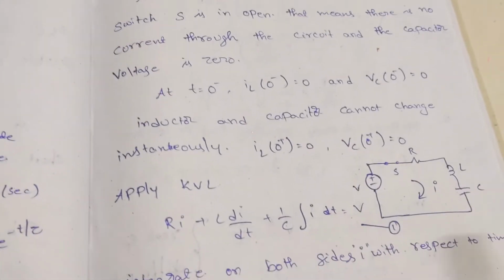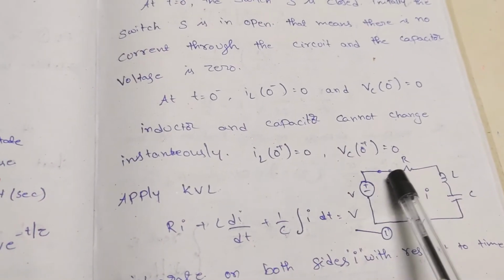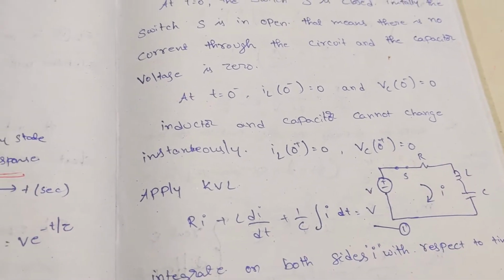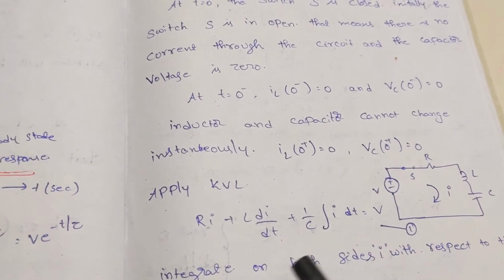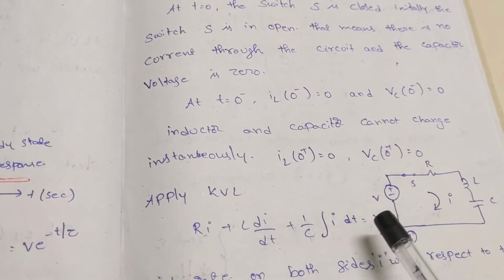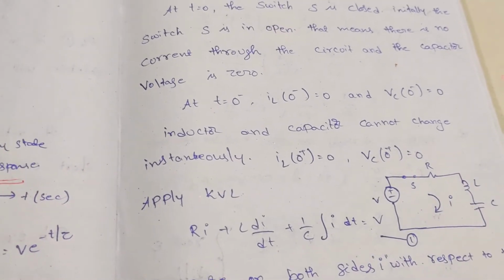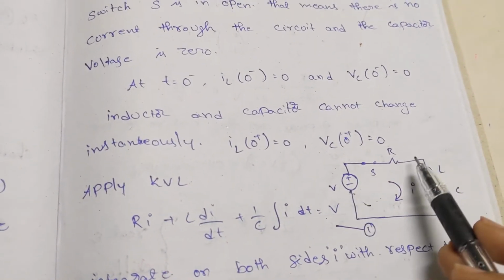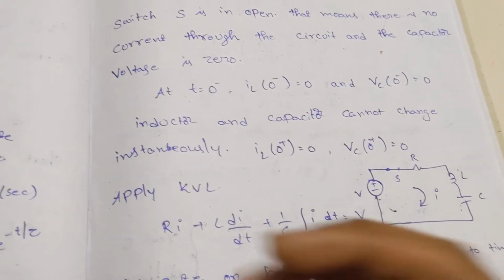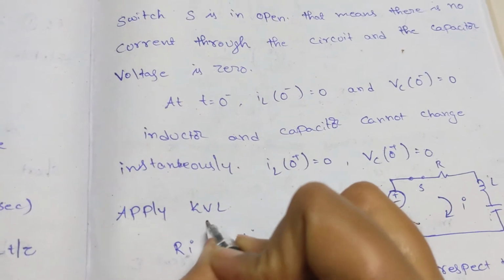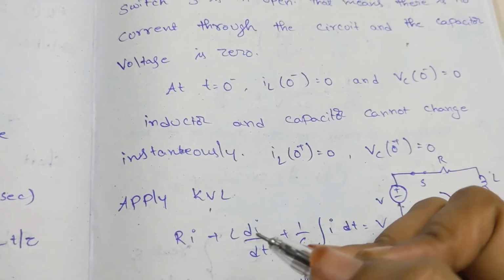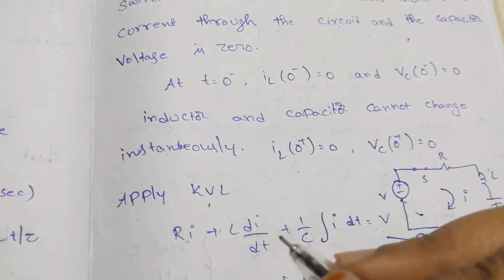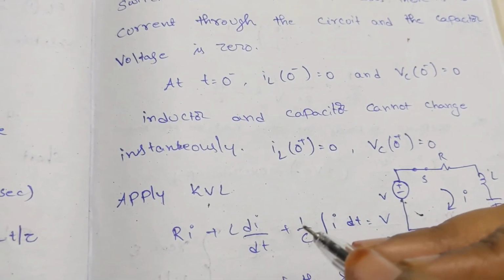Now, whenever the switch is closed, we can apply KVL to find out the total voltage drops across your elements. So this is my source, these are my load elements. We know that the algebraic sum of voltage drops and voltage sources is equal to 0 in a closed loop.